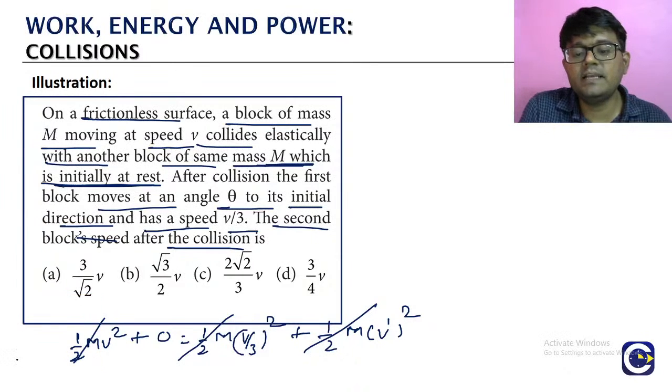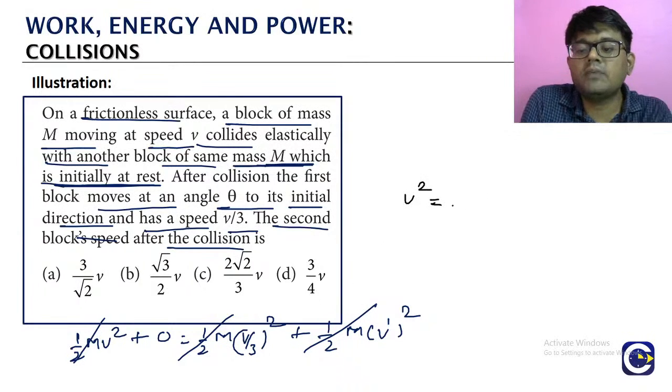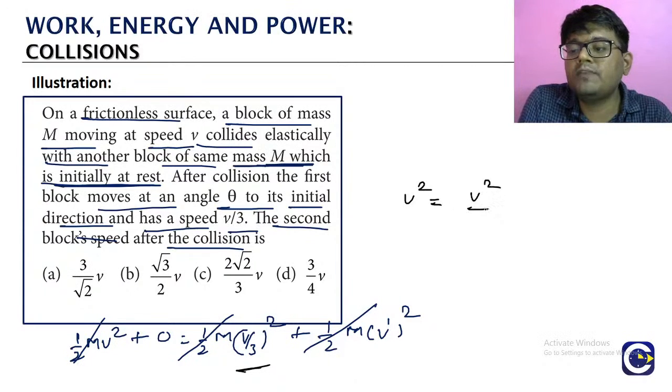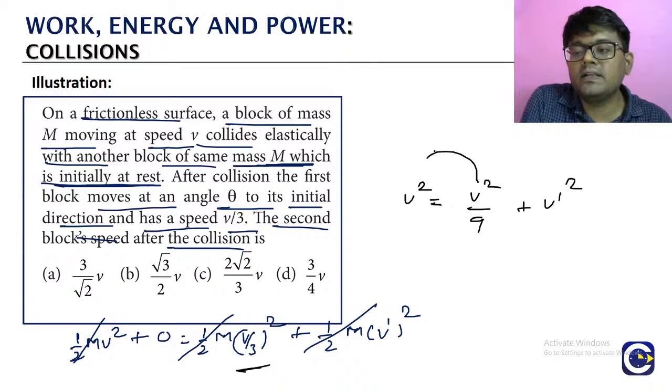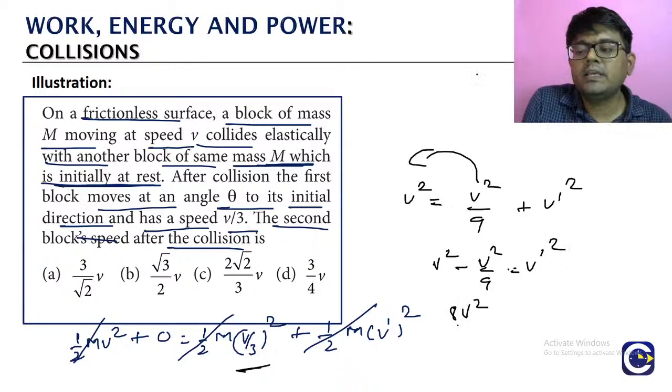What answer do we get here? Left hand side we have v square, equal to the right hand side: (v by 3) square means v square by 9, plus v dash square. So v square minus v square by 9 is v dash square. This is 8v square by 9, that is v dash square.